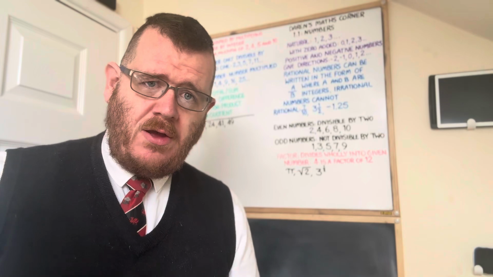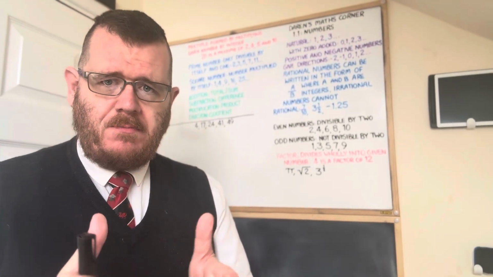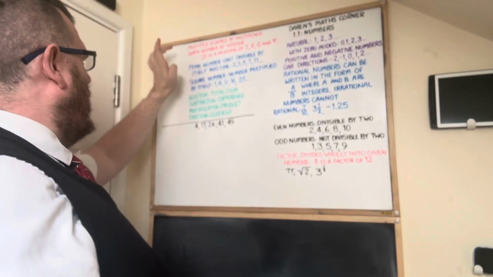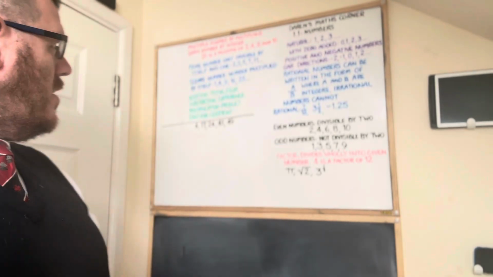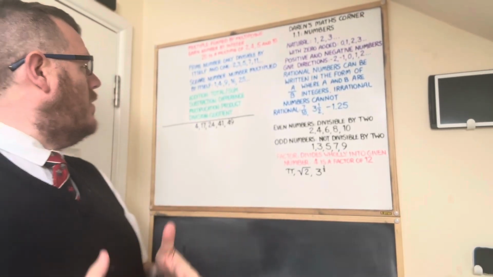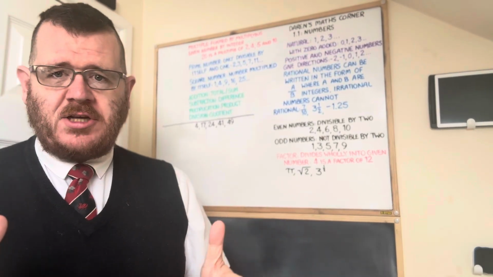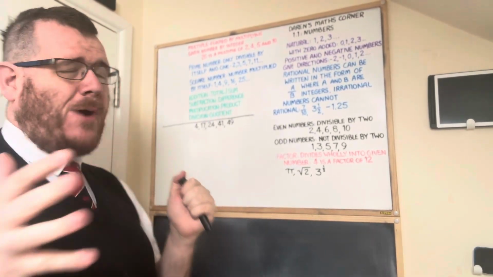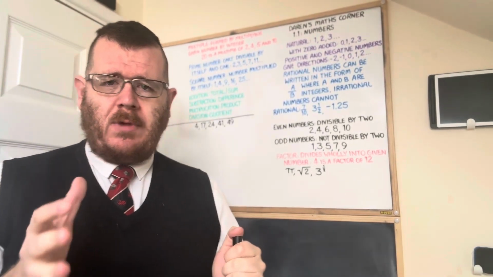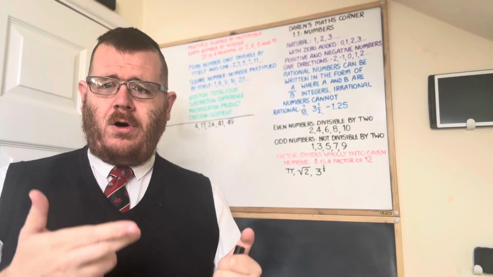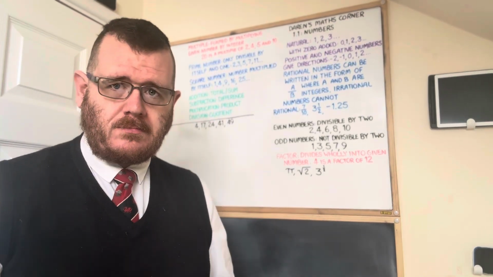And then you've got the multiple, which is formed by multiplying a given number by another integer. So for example, 20 is a multiple of 2, 4, 5 and 10.